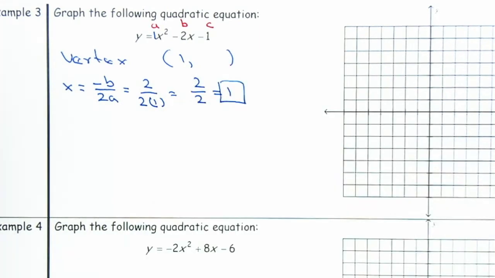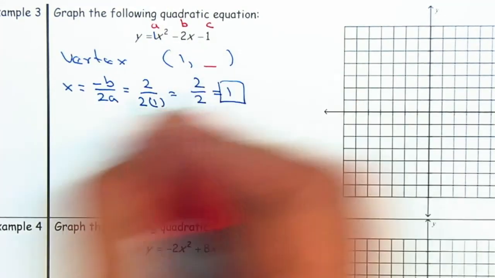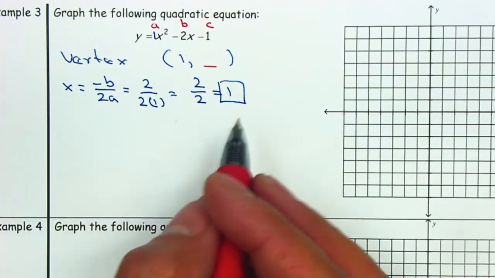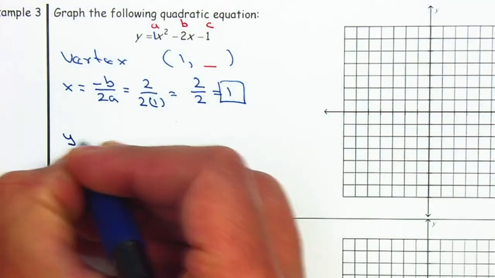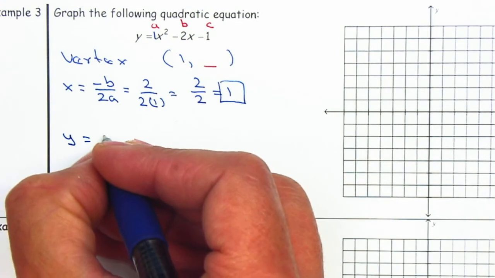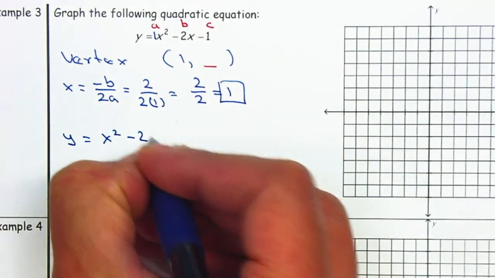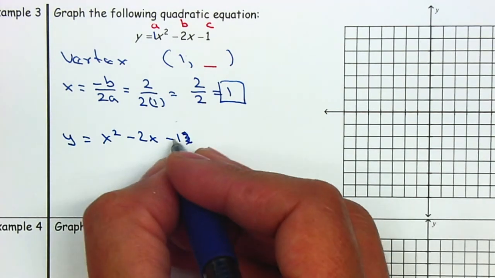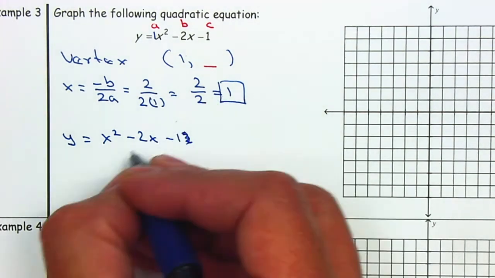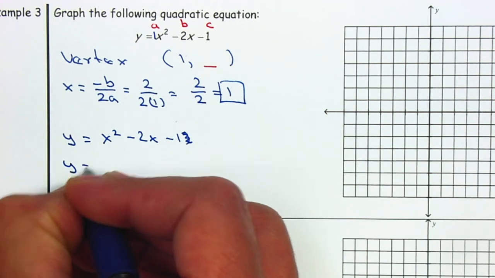I need to find the y value. So to find the y value, once we find the x value, we can just plug it in. So y is equal to x squared minus 2x minus 1. But instead of the x, I'm going to replace it with the 1 so I can find the y value.